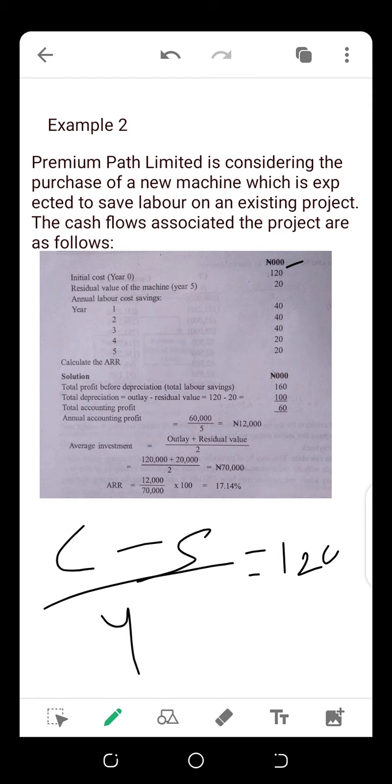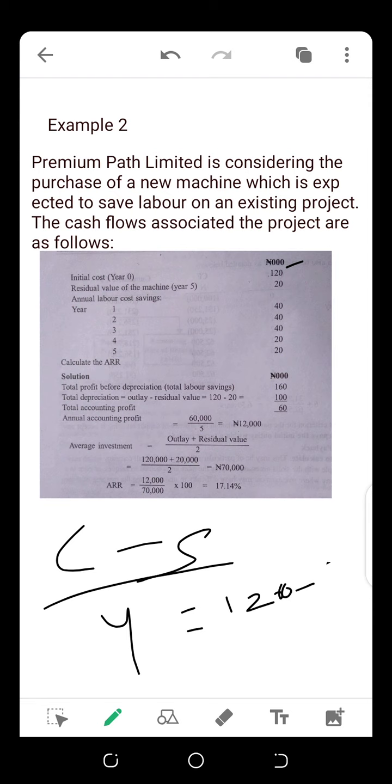Minus 20. We give you the depreciation for the whole year.